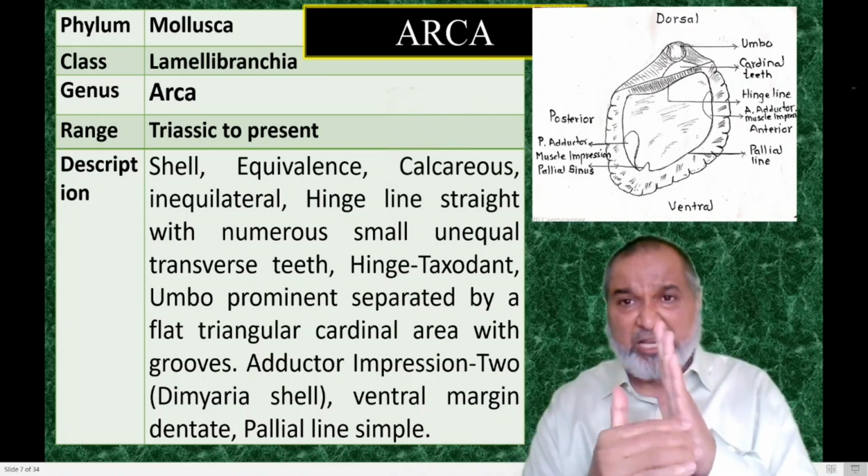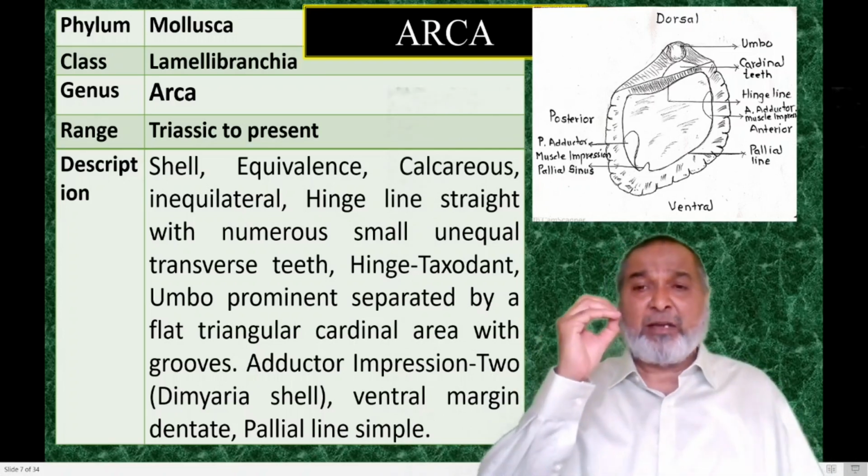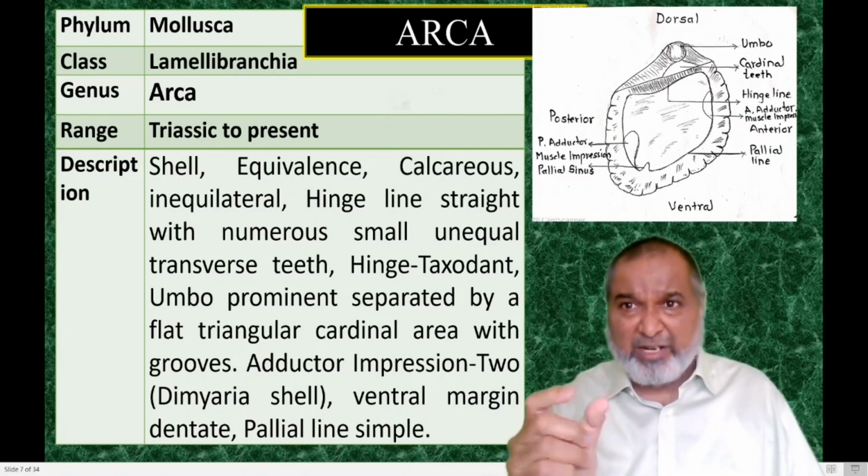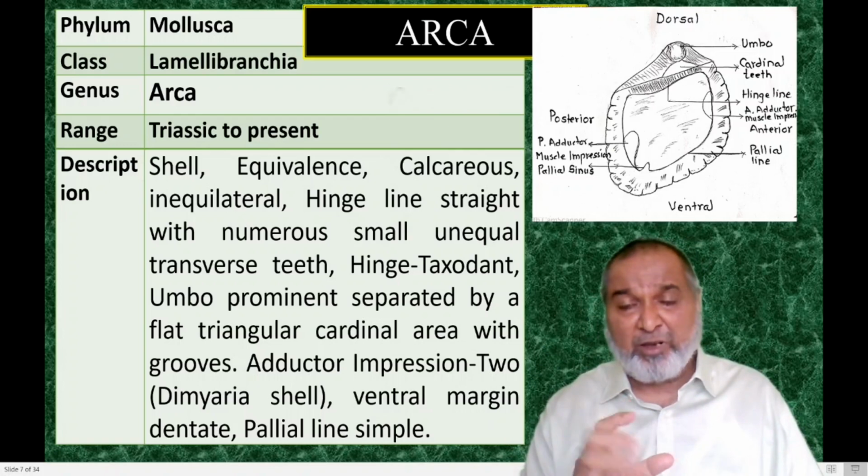So here the hinge line has grooves and sockets. If they are more in number and smaller in size, it is called taxodont.